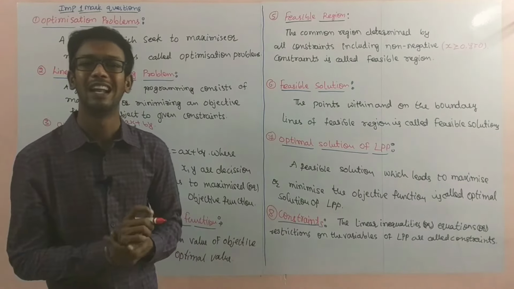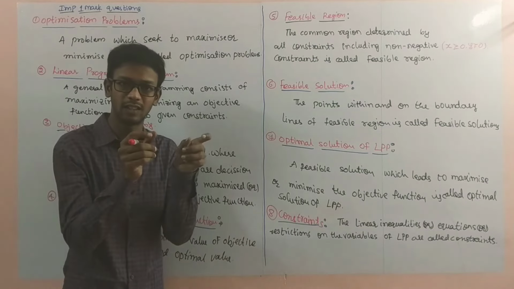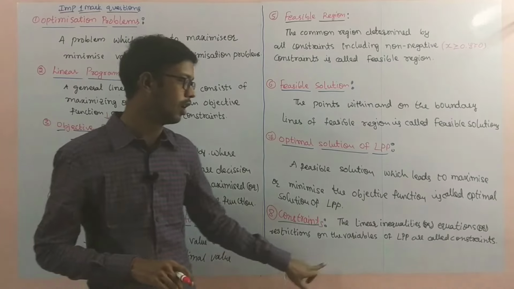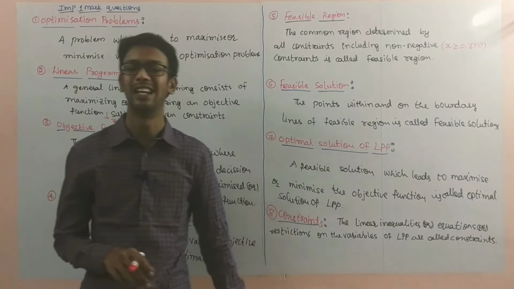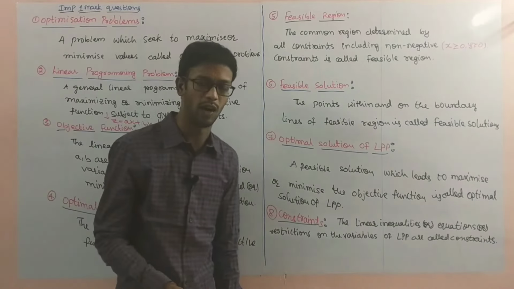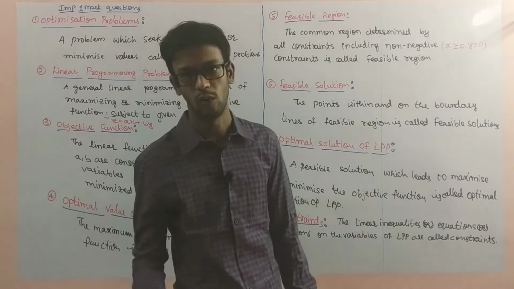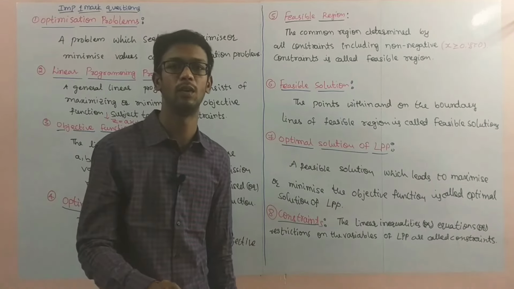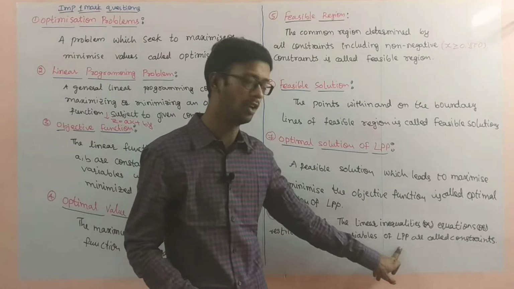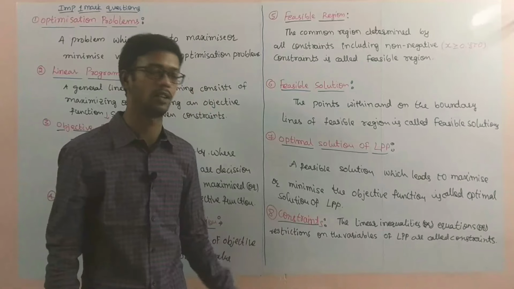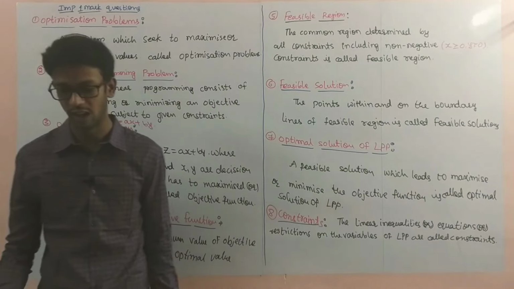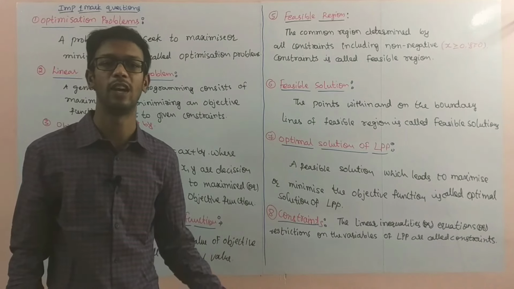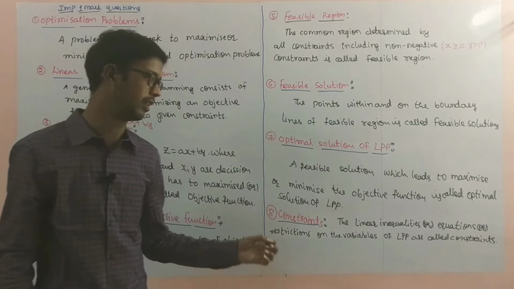That is on the variables x and y of the LPP. The linear inequalities or equations or restrictions on variables of an LPP are called constraints.